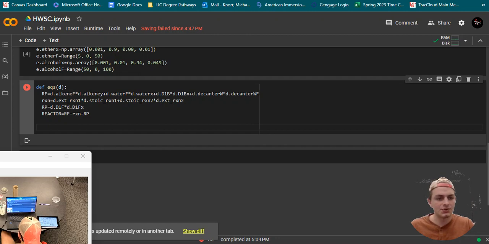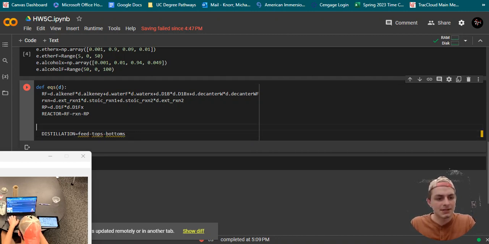So let's go ahead and do our distillation next, and that's again going to be equal to the feed minus the tops minus the bottoms. Now, there's no reaction taking place in the distillation column, which makes this a little bit easier. So let's call this defeed.